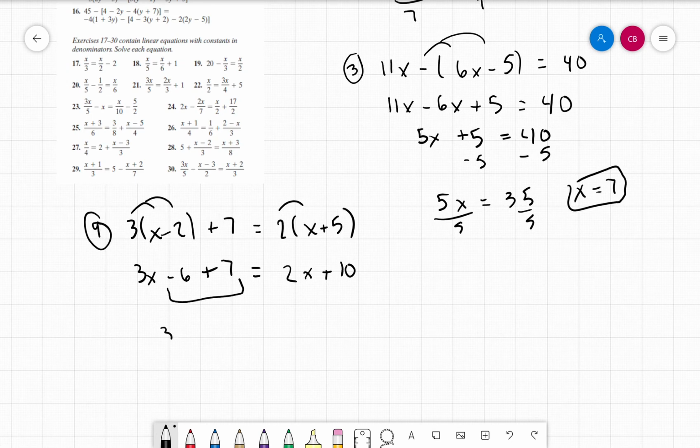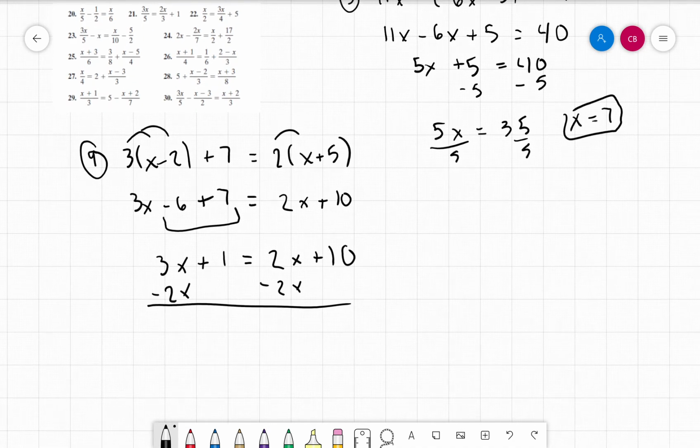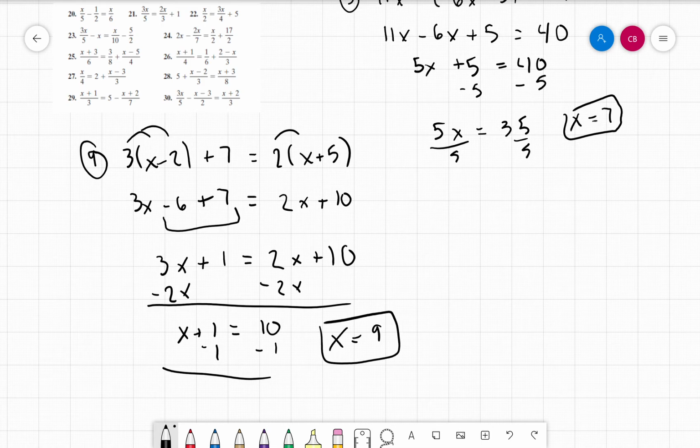This is going to be 3x plus 1 is equal to 2x plus 10. Minus 2x, minus 2x. That's x plus 1 is equal to 10, minus 1, or x is equal to 9. Okay, so this is pretty straightforward so far.